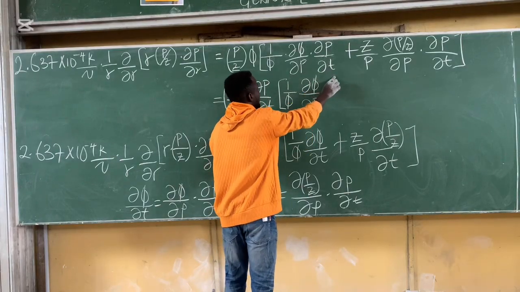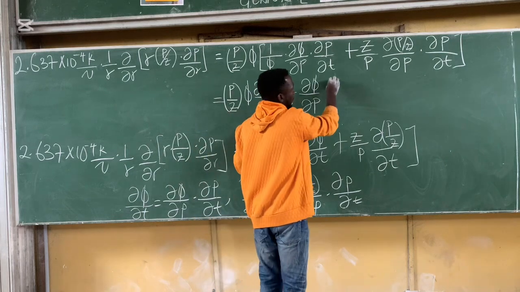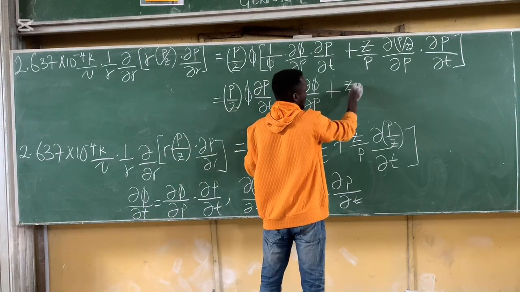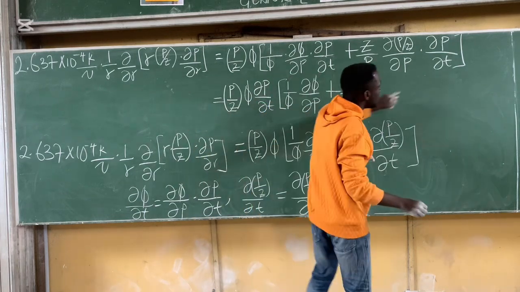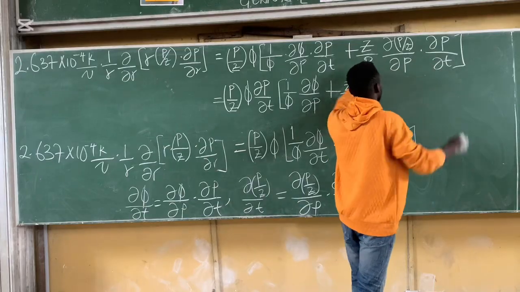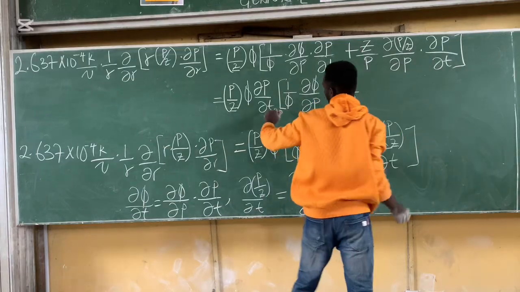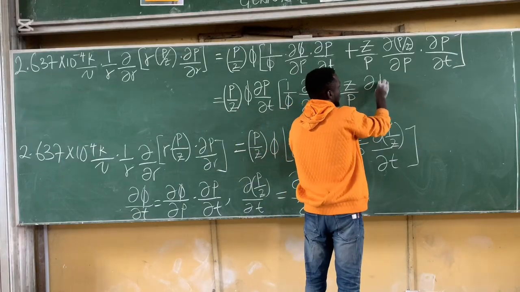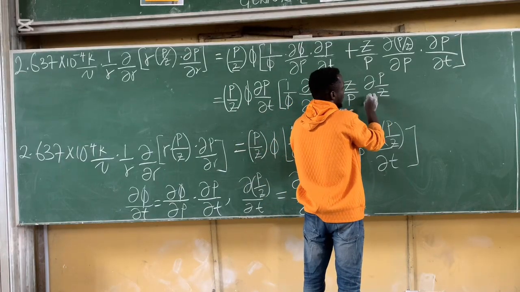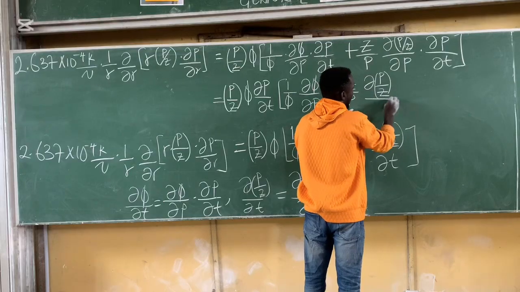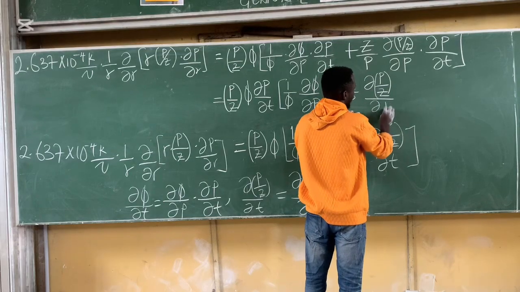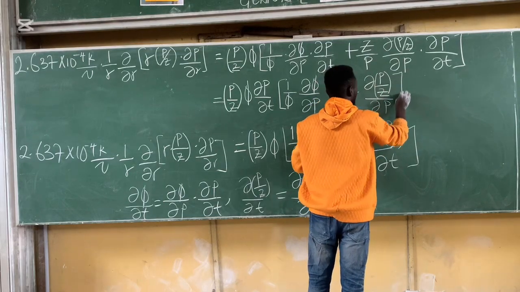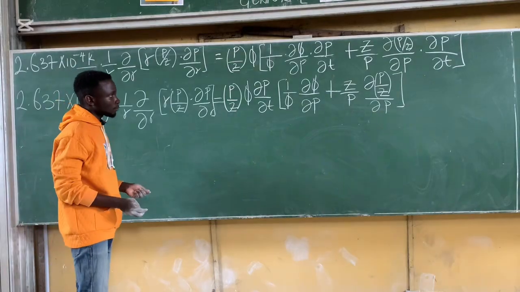There's no dp over dt again. That's what we have here. Plus z over p. Remove dp over dt from here, we'll be left with just this one here. The dp over dt is already out here. So we're going to have d of p over z divided by dp. So we are going to have this.